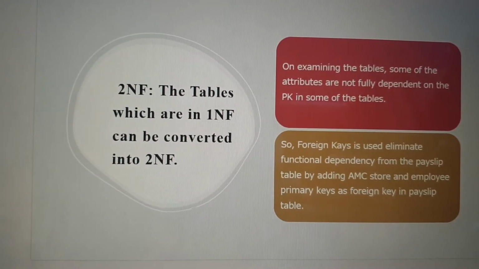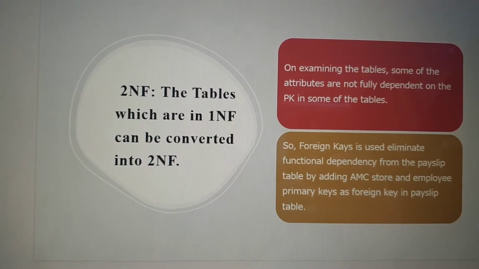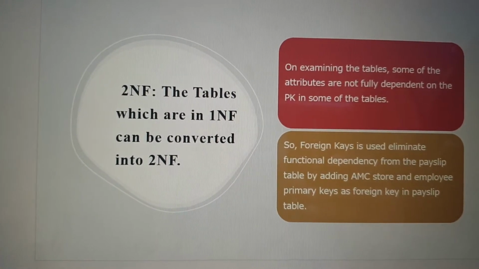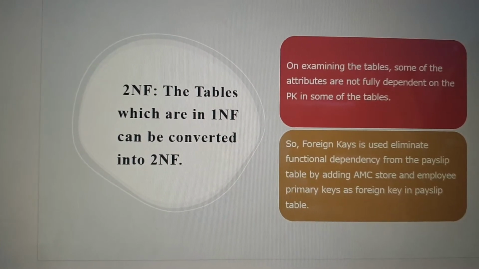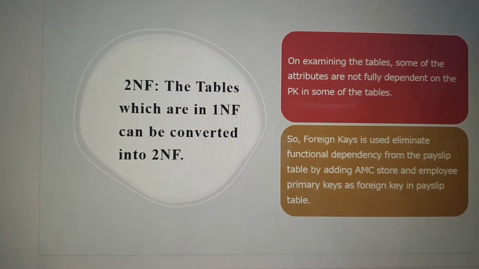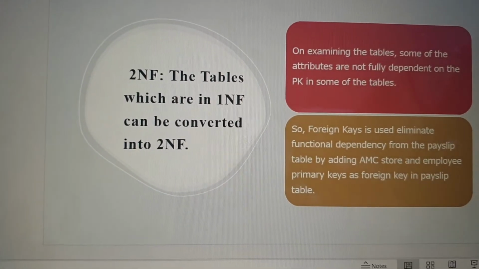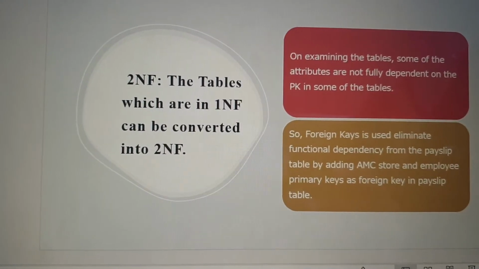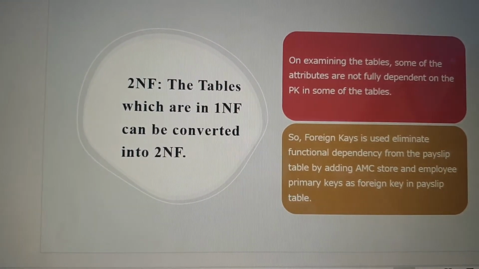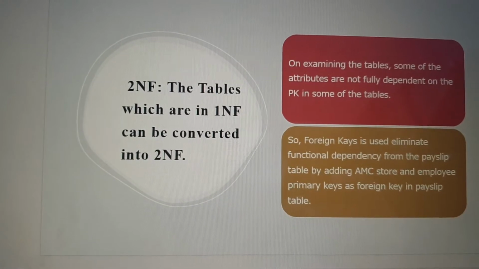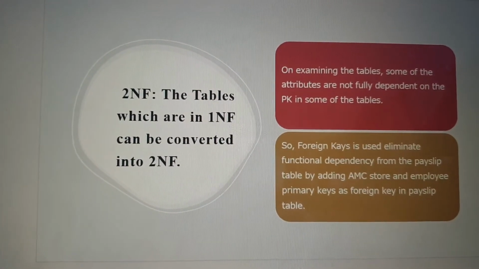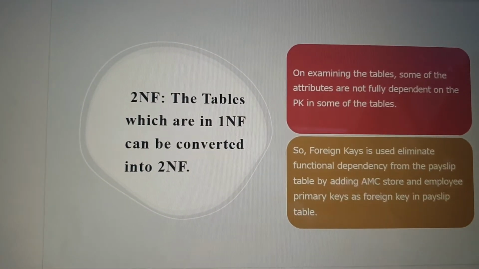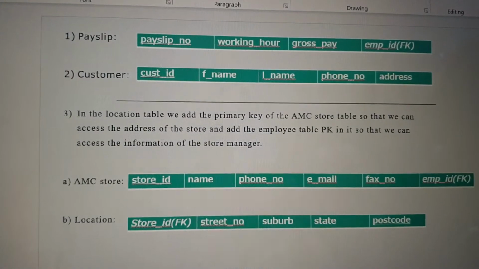Some of the attributes are not fully dependent on the PK in some of the tables in first normal form. So foreign keys are used to eliminate functional dependency from the payslip table by adding AMC store and employee primary keys as foreign keys in the payslip table, which we are going to see in the table below.